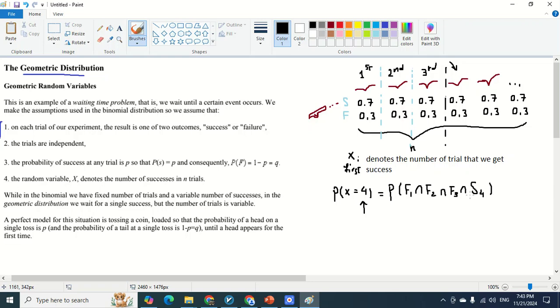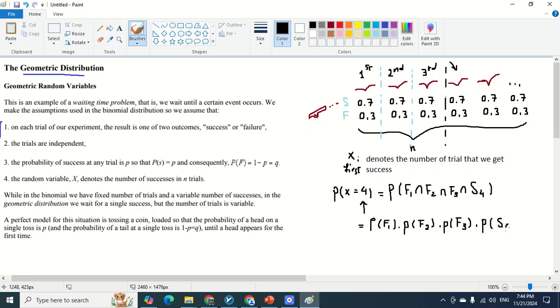And because there is an intersection between them and they are independent, it will be the probability of getting failure at the first one times, because the intersection changes to the multiplication of probabilities if the events are independent, the probability of F2, times the probability of F3, meaning the third one will be a failure, times the probability of success in the fourth place.